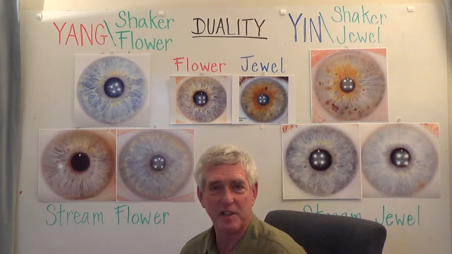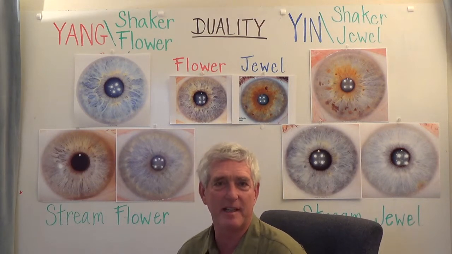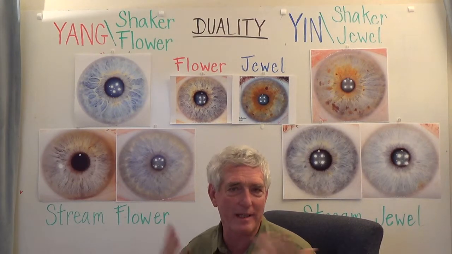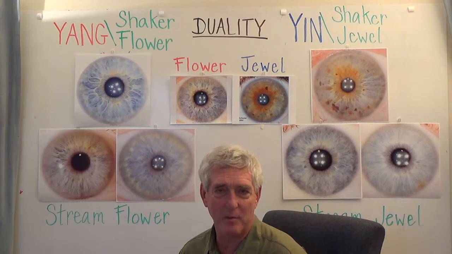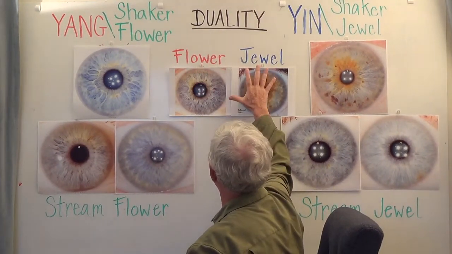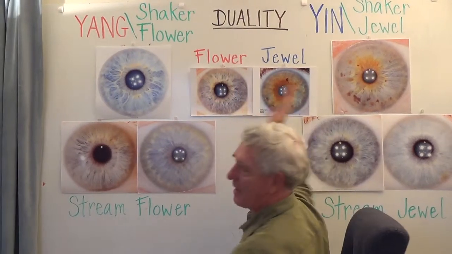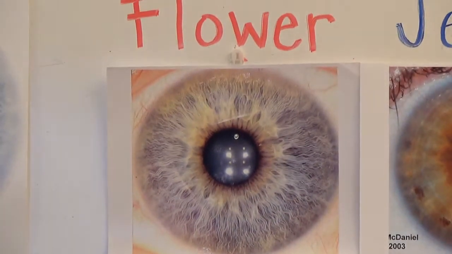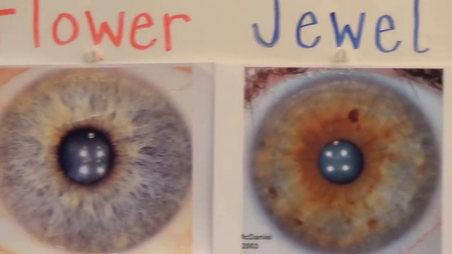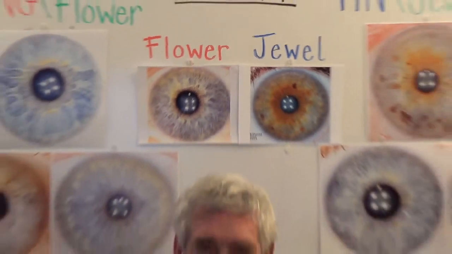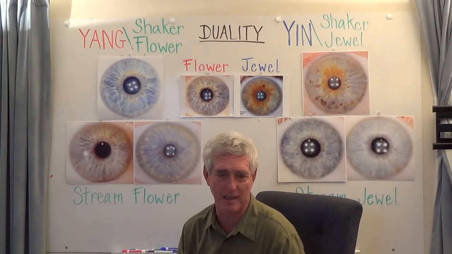Hi, this is a continuation of the basic study of the duality according to the rayed system. The duality we started with was the experience of flower and jewel as two different halves of a electromagnetic, constrictive, expansive, and we could talk about these varying combinations of these two forces for a very long time.